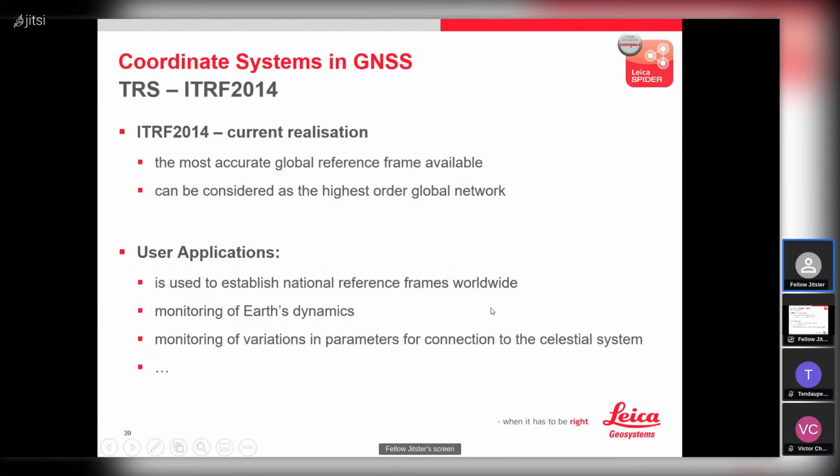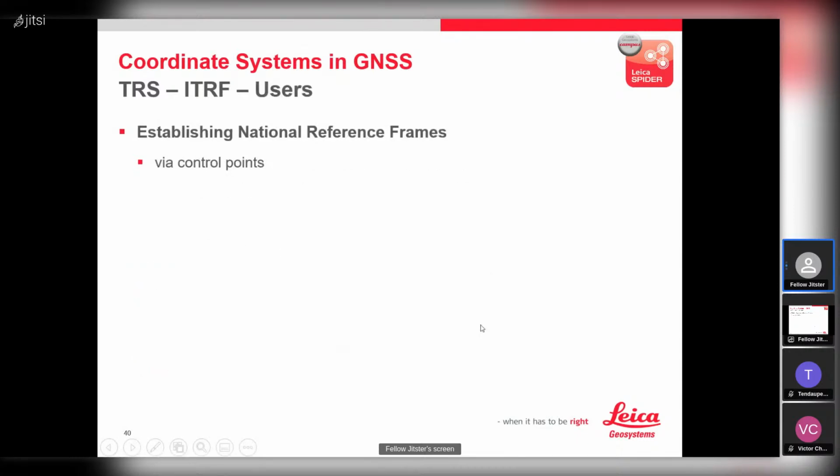Also for monitoring the Earth dynamics, as you have seen, and for monitoring variation of parameters for the celestial systems. But what is interesting for you is this first use case, that the IGS network can be used for establishing so-called national reference frames.